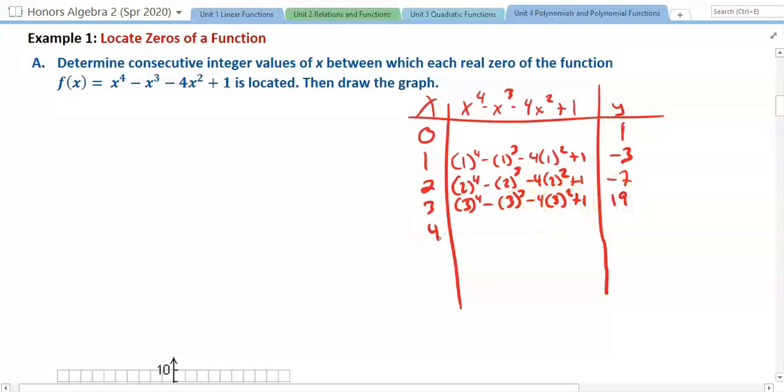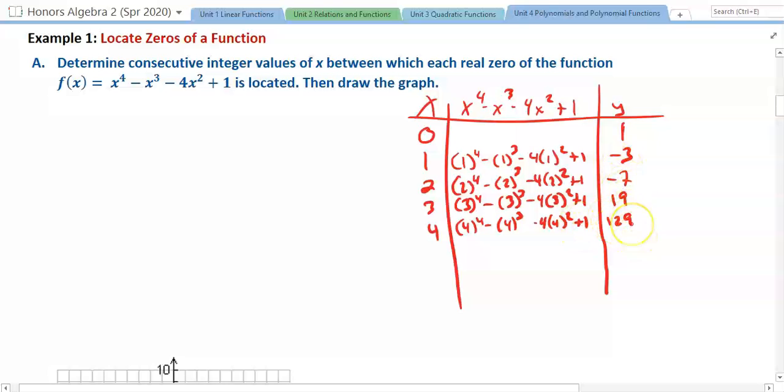Let's go to 4 and just see what happens. So we're going to get 4 to the fourth minus 4 cubed minus 4 times 4 squared plus the 1. 4 to the fourth is 256, minus 4 cubed minus 4 times 4 squared, which is again another 4 cubed, plus the 1, and so that tallies out to 129.